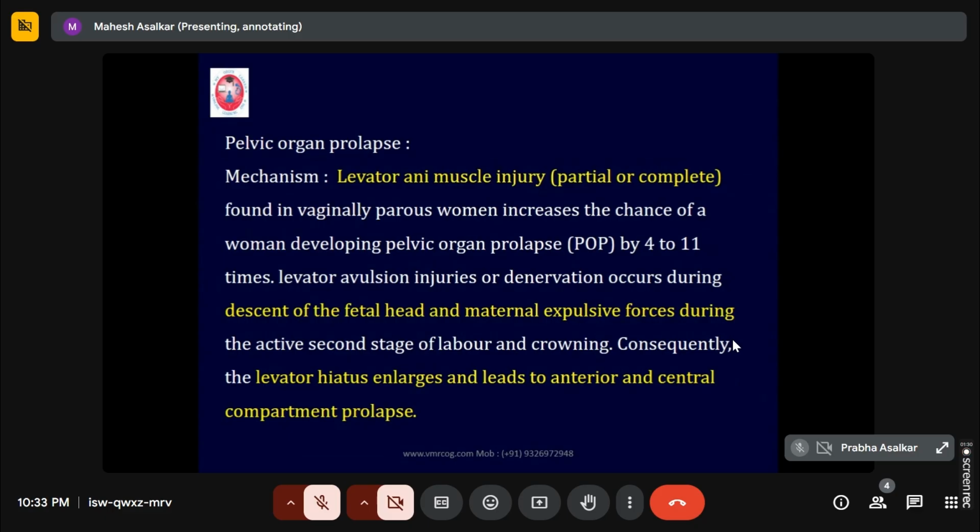Levator avulsion or denervation injury occurs during the descent of the fetal head and maternal expulsive efforts during the active second stage of labor and crowning. Consequently, the levator hiatus enlarges and leads to anterior and central compartment prolapse.